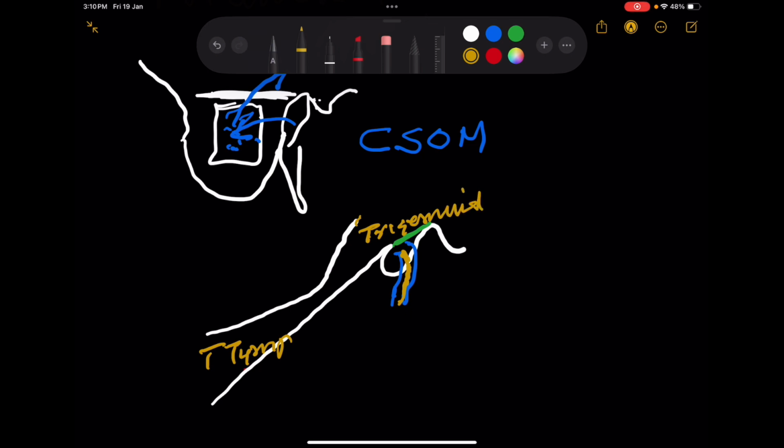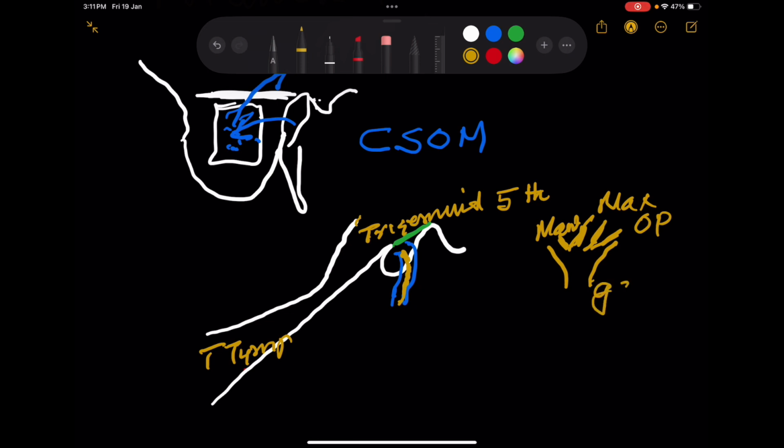The area that contains the confluence of the fifth nerve, the area that contains the fifth nerve, and it is dividing into three: ophthalmic, maxillary and mandibular. So this is the area which contains the trigeminal ganglion. This is called the ganglion.